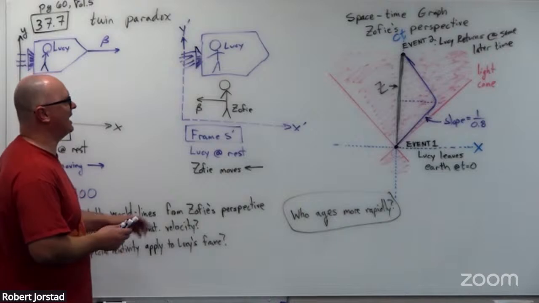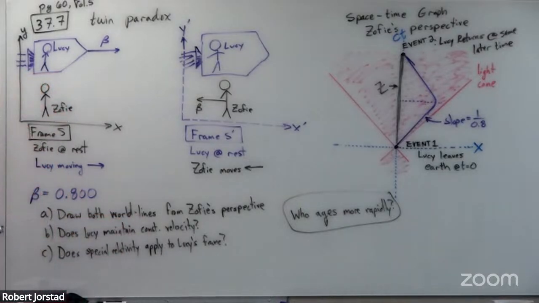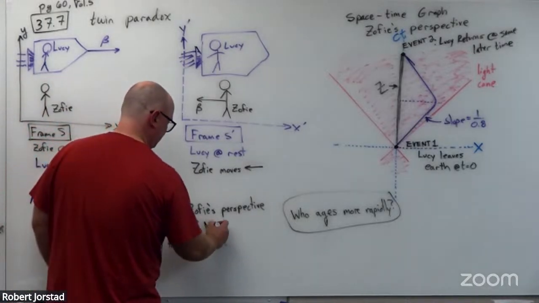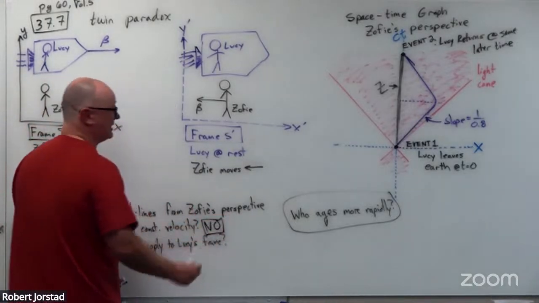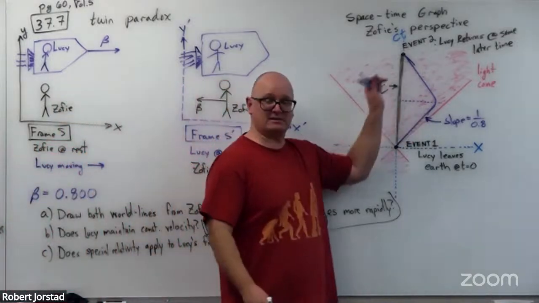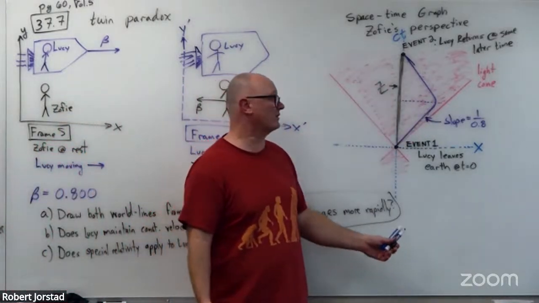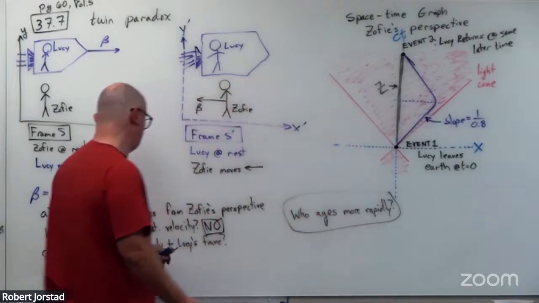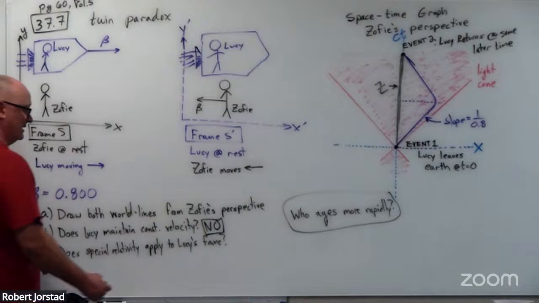There's lots that goes into this, but a very simplistic version of answering this question, why it's not a paradox: does Lucy maintain constant velocity? No. We see that Lucy has to reverse direction to come back. And if Lucy has to reverse direction and come back, her velocity's not constant.